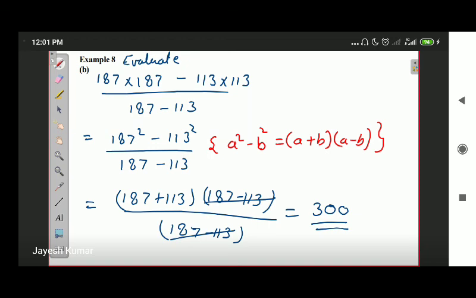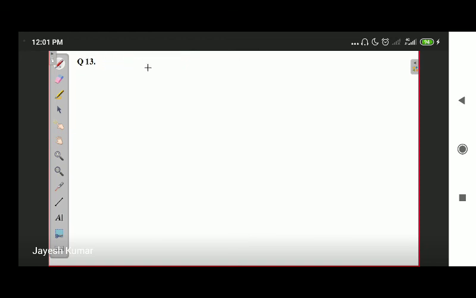Thank you. And now question number 13. Why am I moving on from question numbers 11 and 12? Question number 11 just consists of putting in the values. You are given a polynomial, you have to put in the values of x and y, and determine the solution. Do not consider the first part of the question, write in the perfect square form.